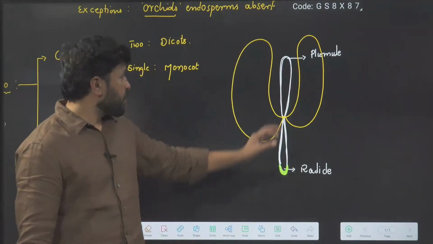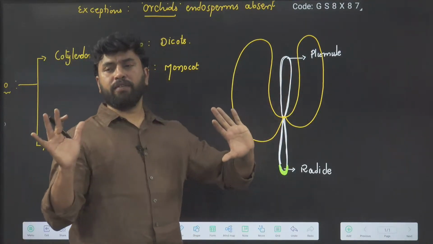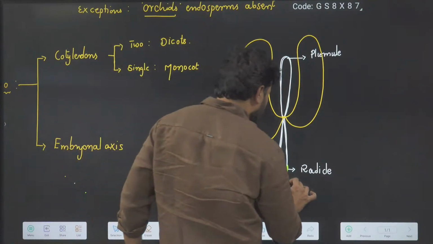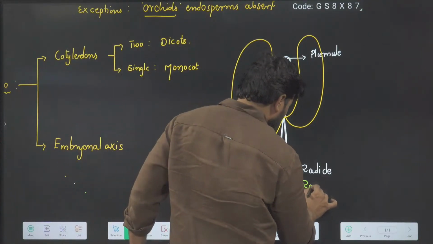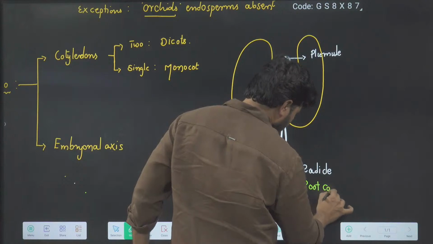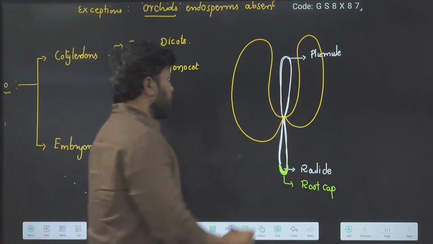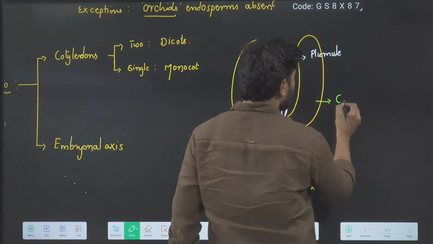In this case, the plumule has no covering, but the radicle is covered by a root cap. Well done. These bodies I am calling cotyledons.